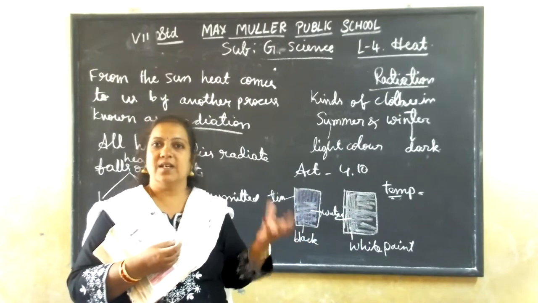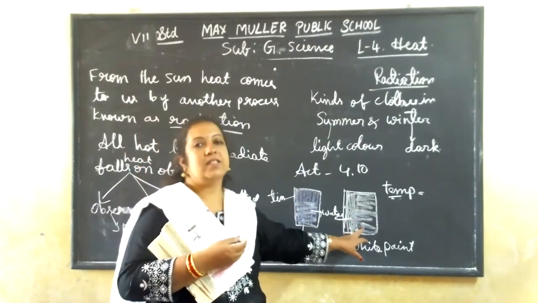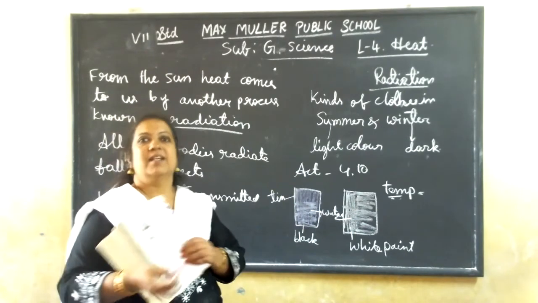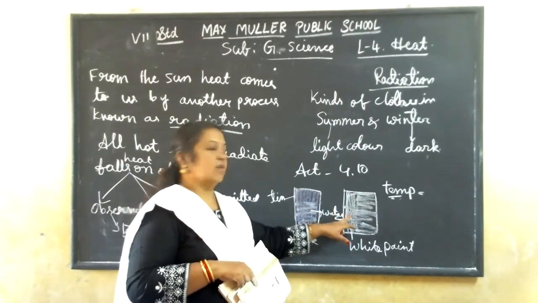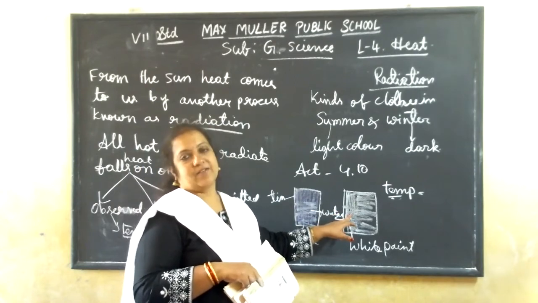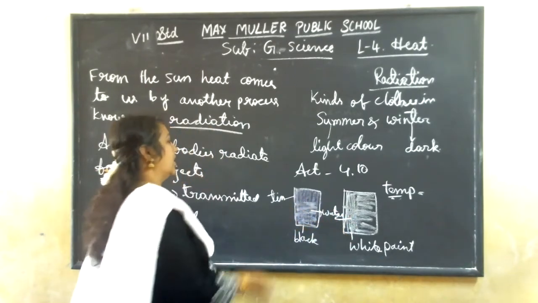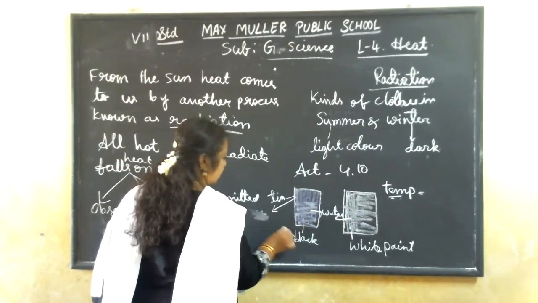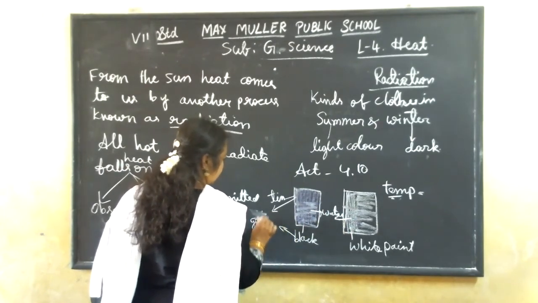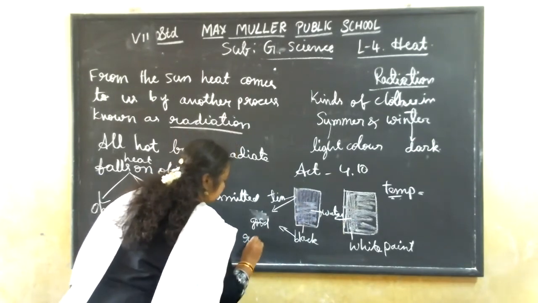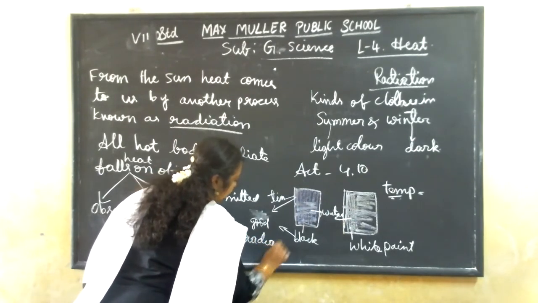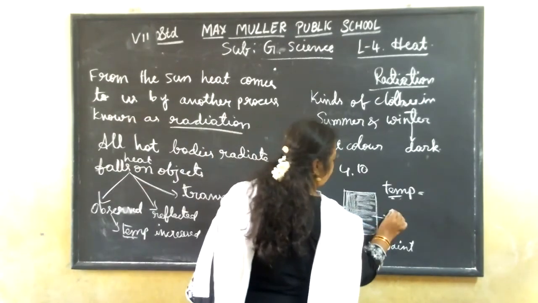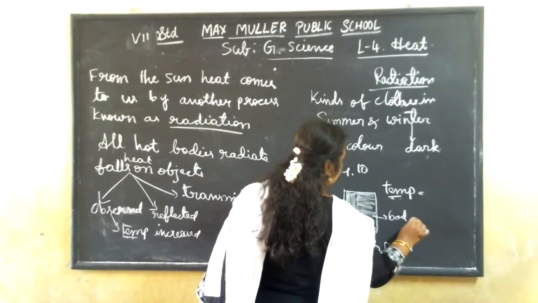The temperature is low compared to this, because white colors are bad radiators of heat. This black is the good radiator of heat. Okay, so this is the white, bad radiator.